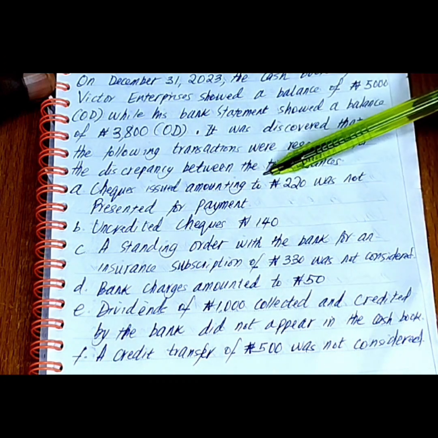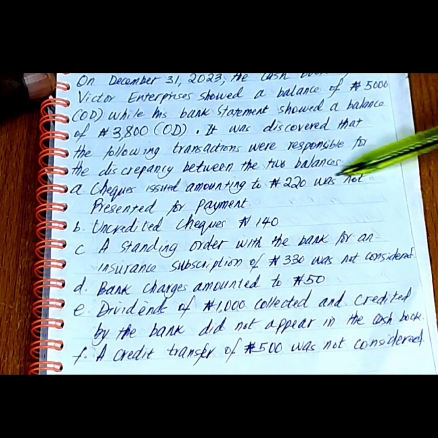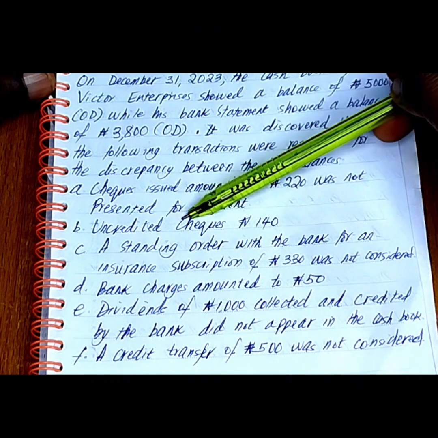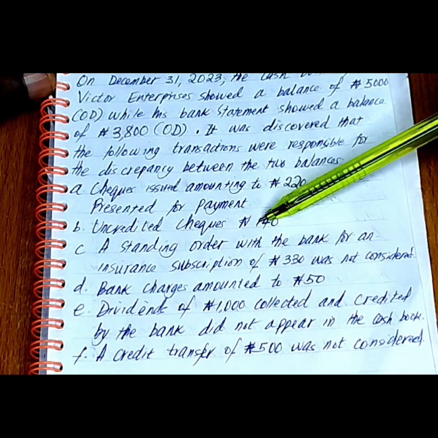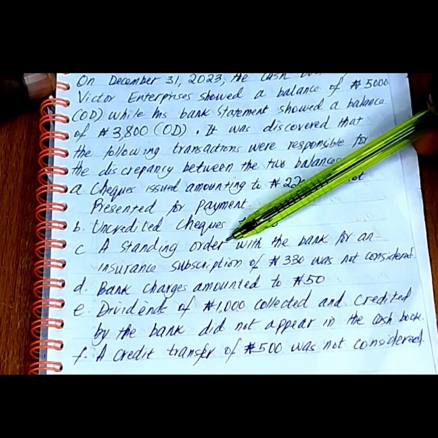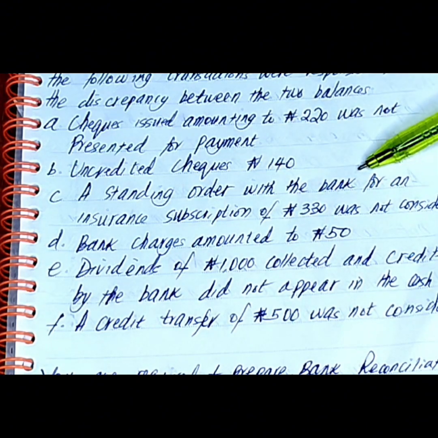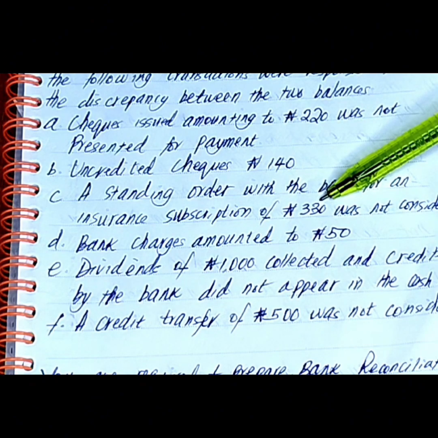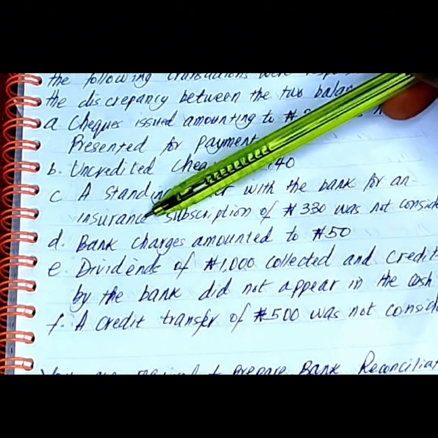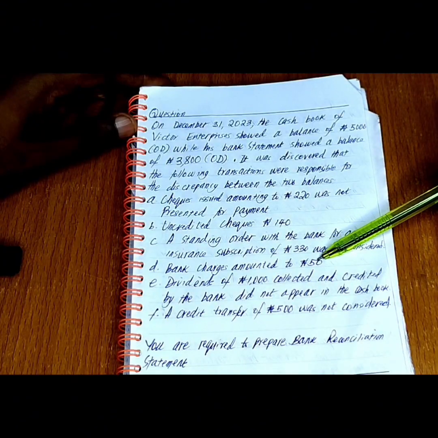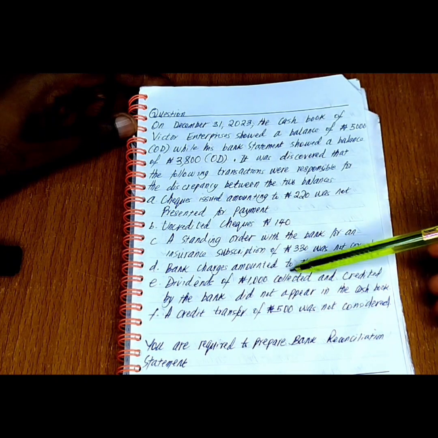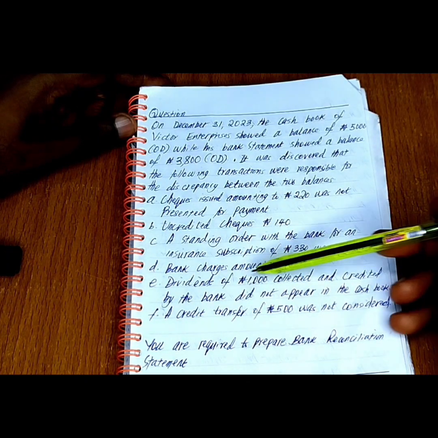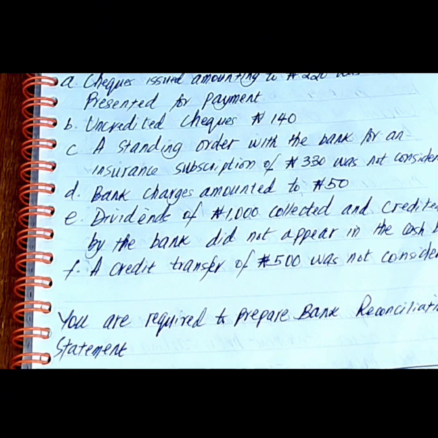Checks issued amounting to 220 naira were not presented for payment. Uncredited checks, 140. A standing order with the bank for an insurance subscription of 330 naira was not considered. Bank charges amounted to 50 naira. Dividends of 1,000 naira collected and credited by the bank did not appear in the cash book.